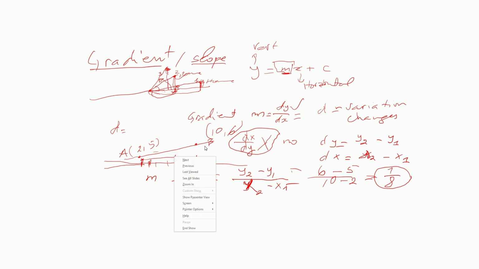Let's take an example of point A here as (2, 5). This is (10, 6) for example. Let's take 6.